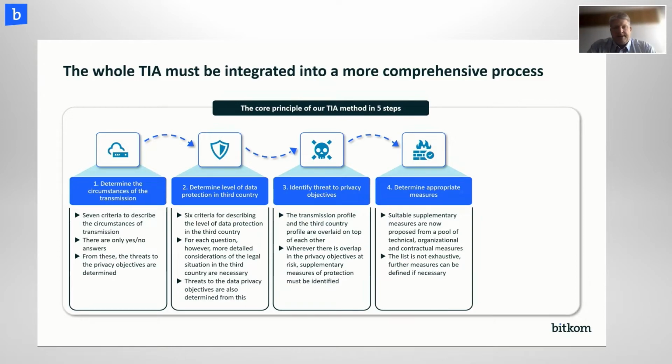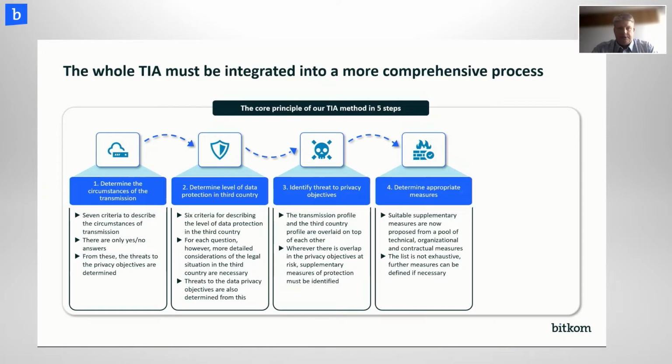Once we understand the threat to the privacy objectives in connection with the third country profile, and we understand what, if any, mitigations are available, we can then determine the appropriate measures. And these are the supplementary measures that have been discussed fairly frequently publicly, but where there is certainly a lot of inconsistency and a lot of different ideas as to what could be appropriate.